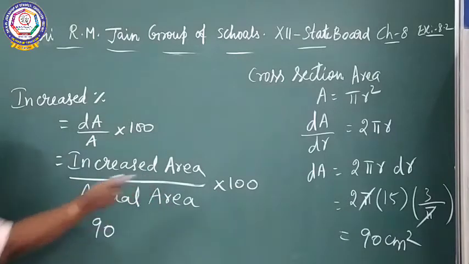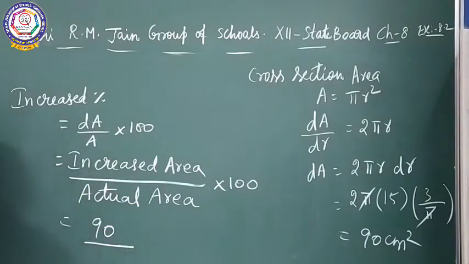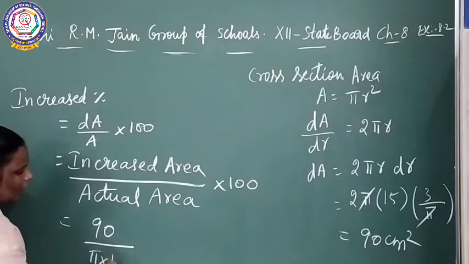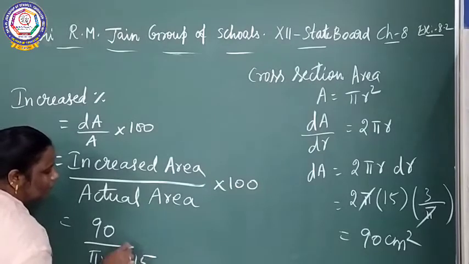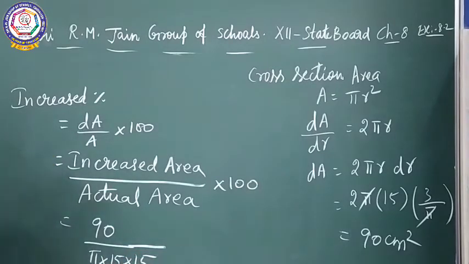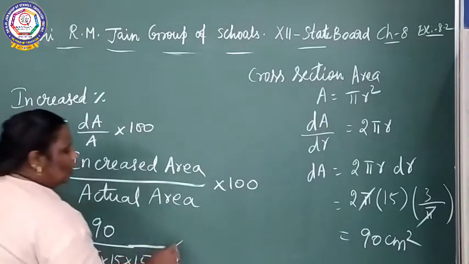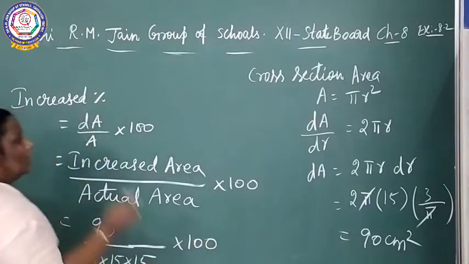Increased area is 90 by actual area, which is pi r square. Pi into 15 into 15, because the diameter is 30, so the radius is 15. Into 100, you can write it here as a percentage.